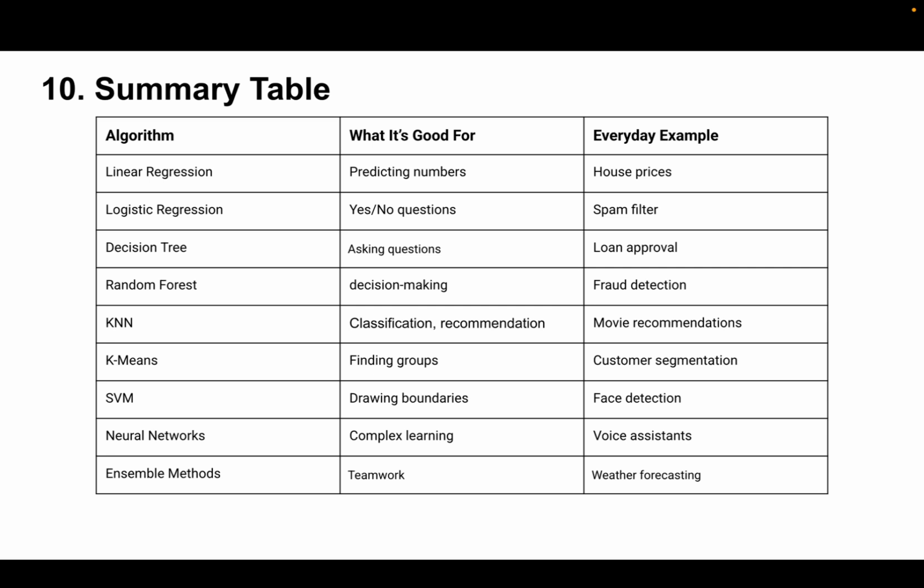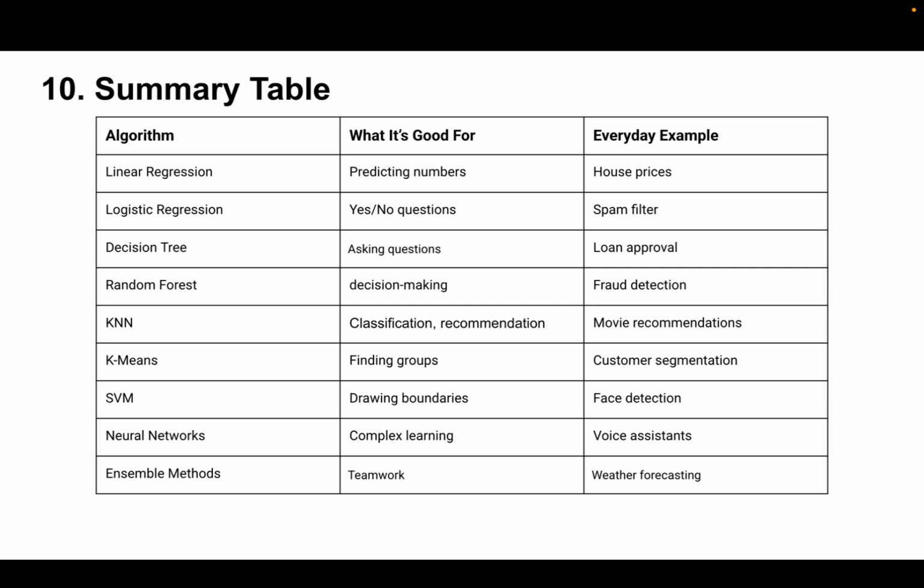I've made a summary table consisting of the algorithm, what it's good for, and its everyday example. So you can see linear regression is good for predicting numbers, used in house prices. Logistic regression, yes or no questions, spam filters. Decision trees, good for asking questions, used in loan approval. Random forest, good for decision making, used in fraud detection.